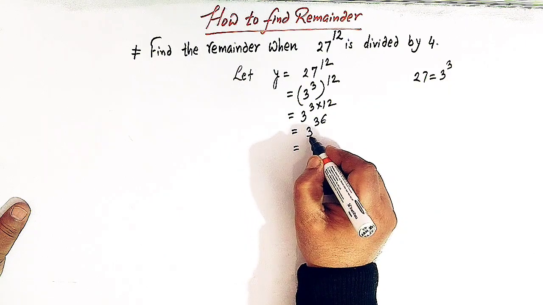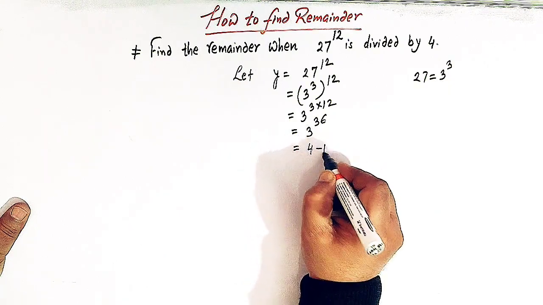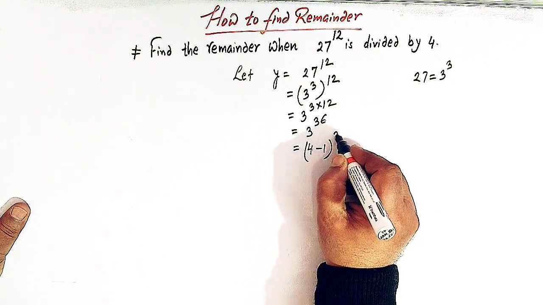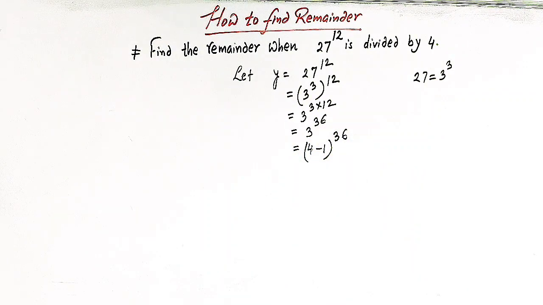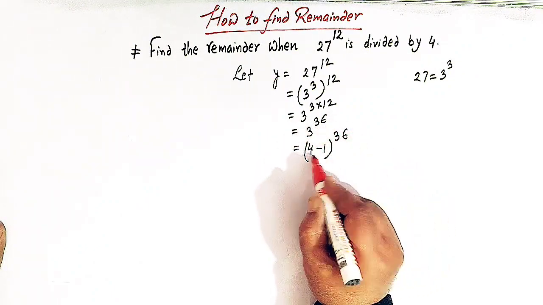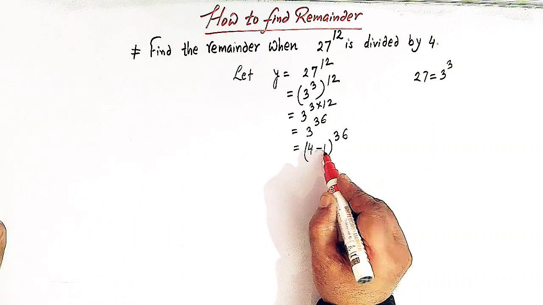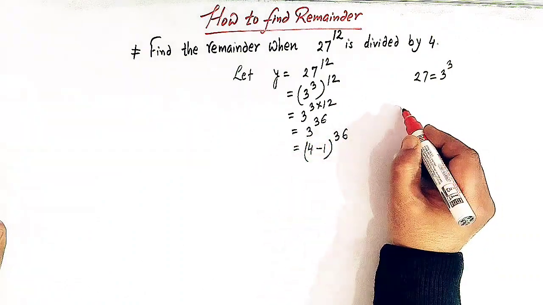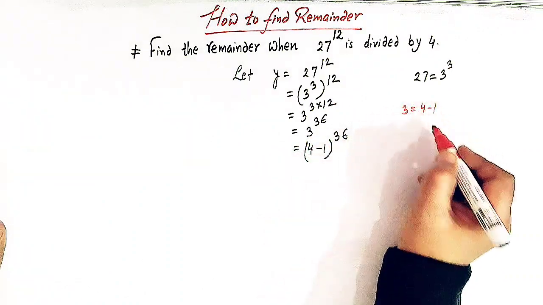Now we can write this 3 as 4 minus 1, and here we have the exponent 36. So now see here 3 raised to 36 is expressed as 4 minus 1 raised to 36 because 3 is 4 minus 1.